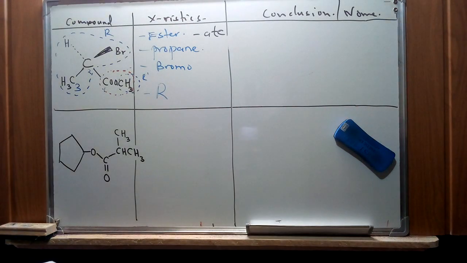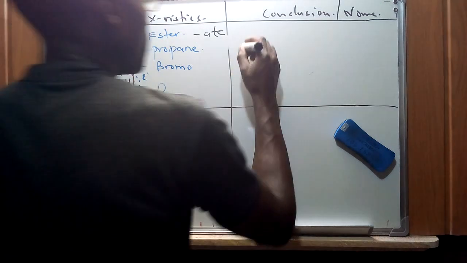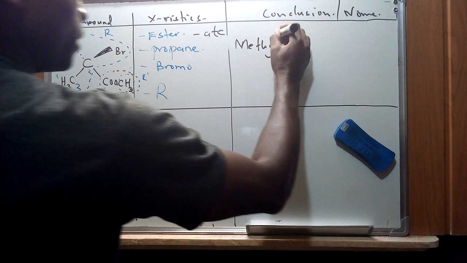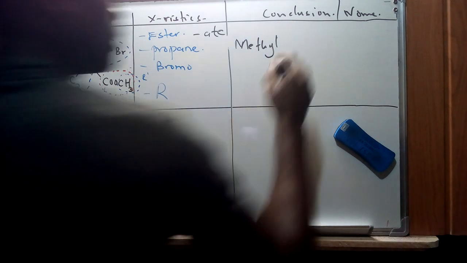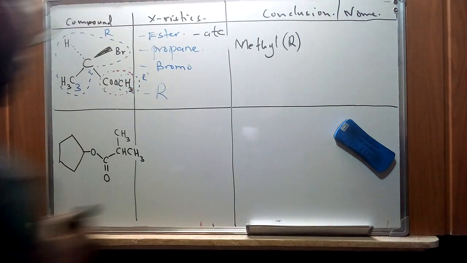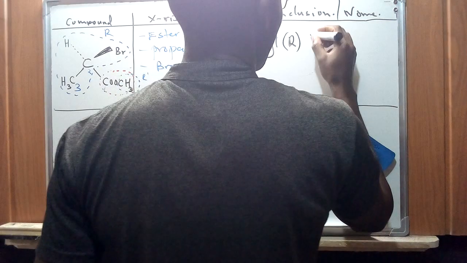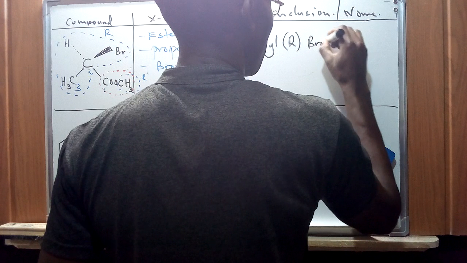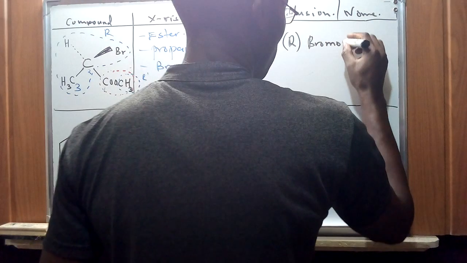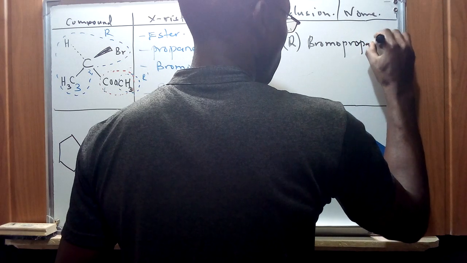If it's ethanoic, ethanoate; propanoic, propanoate, from the alkoxide group. So we are going to have this name as methyl, rectus, bromo, and the three-member carbon group, propanoate.